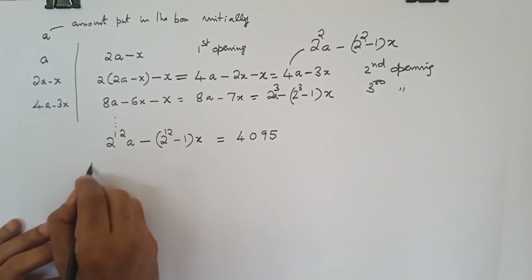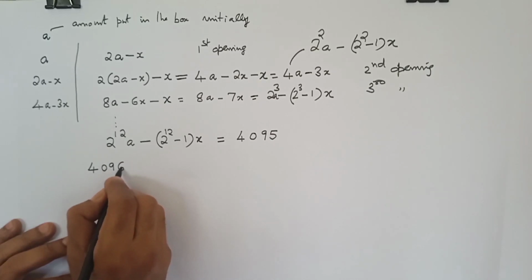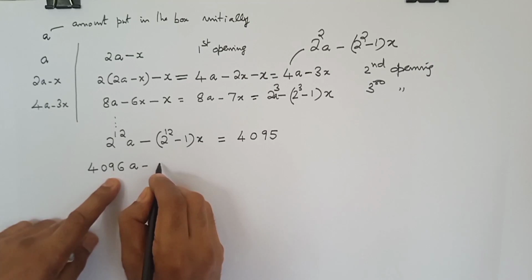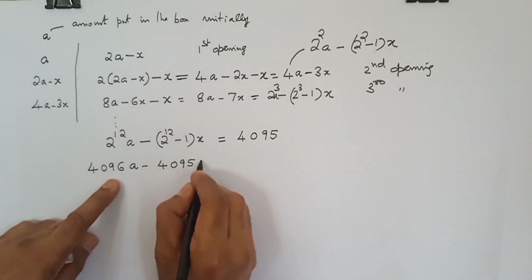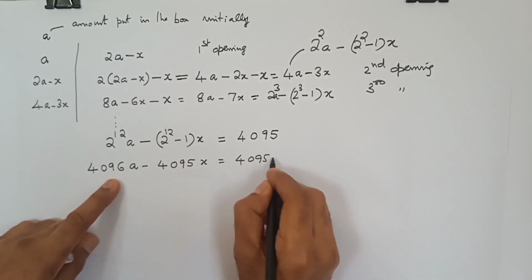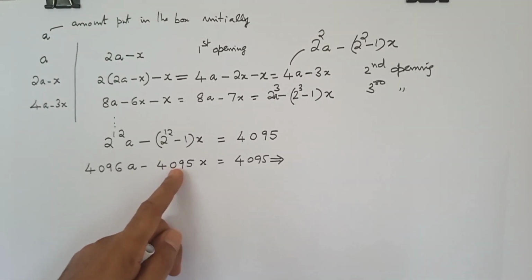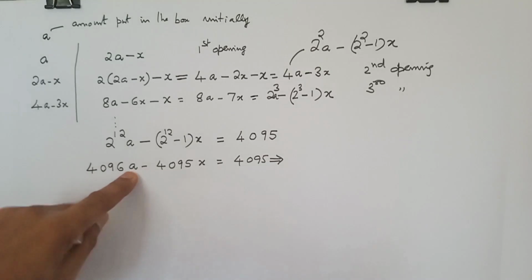Anyway, I'm writing what that is. 2 power 12 is 4096. A times 4096 minus 1 is this amount minus 1. Obviously, that will be 4095x. Now, you take this to the right side because you are looking at A, the amount he had put initially.